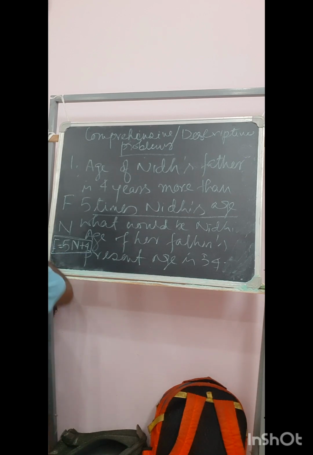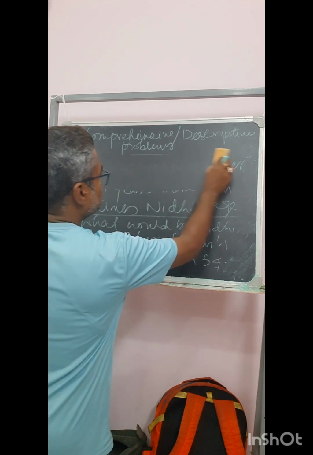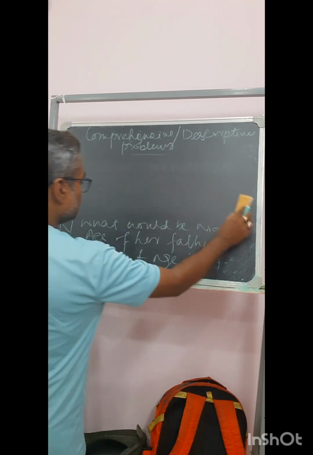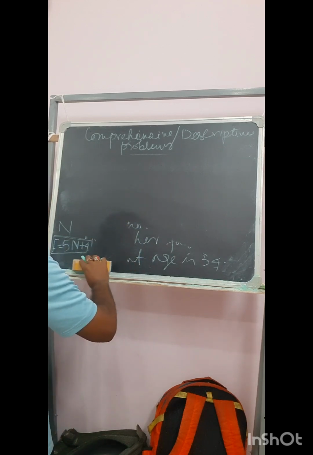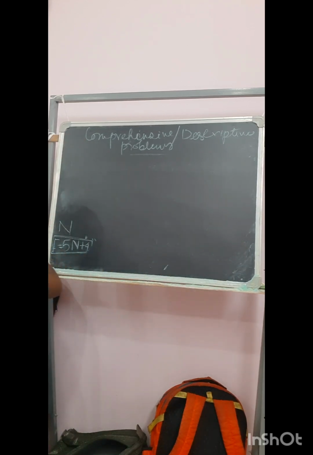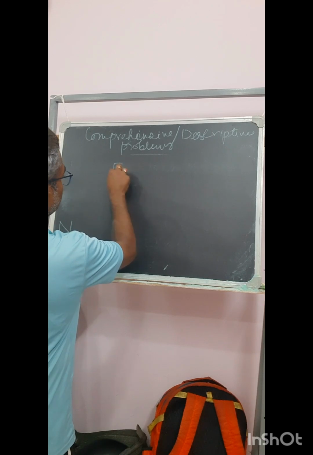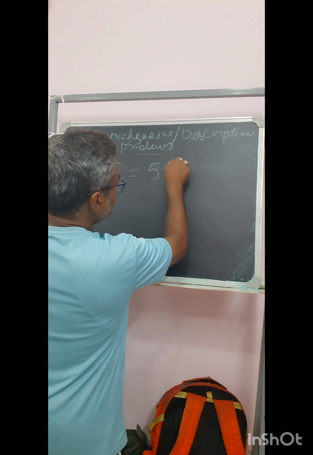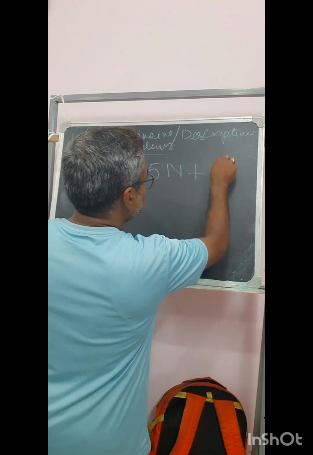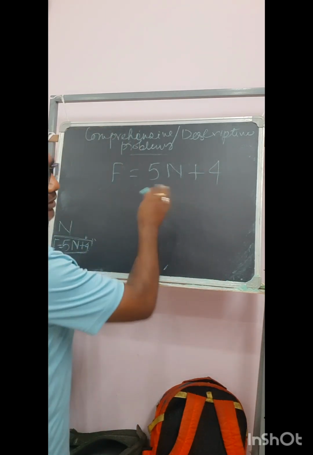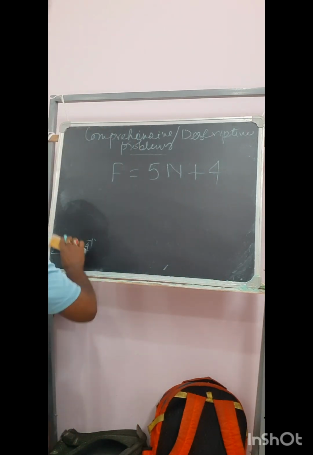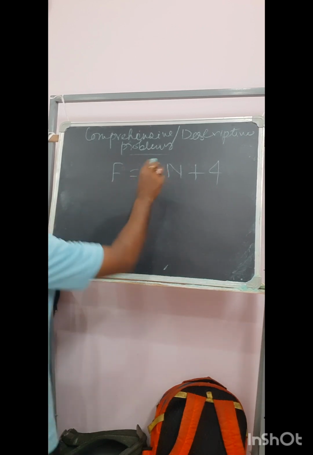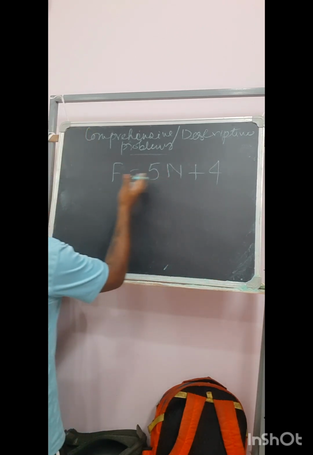Once the relation is established, I can put any value of f or n to find the other one. So the relation says that Nidhi's father's age is 5 times Nidhi's age plus 4. This is an equation between their ages, and f and n are two variables here, just like x and y.